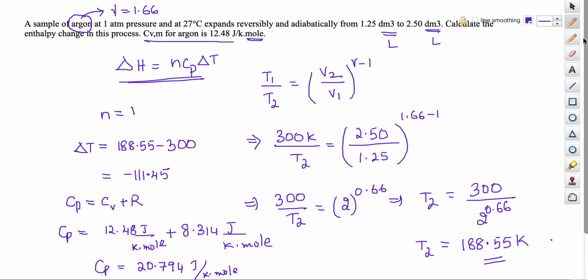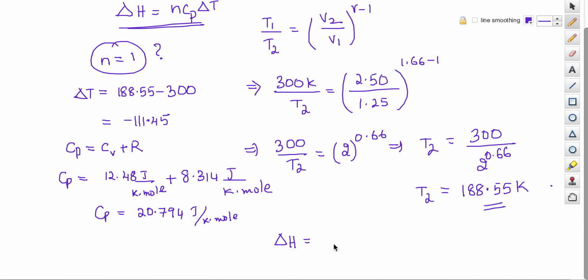Okay, there is some doubt. This is a question mark here. Okay, and let's take one of the conditions and let's apply the ideal gas equation. What is the ideal gas equation? PV equal to nRT. Before we do the enthalpy, let's find out the number of moles.